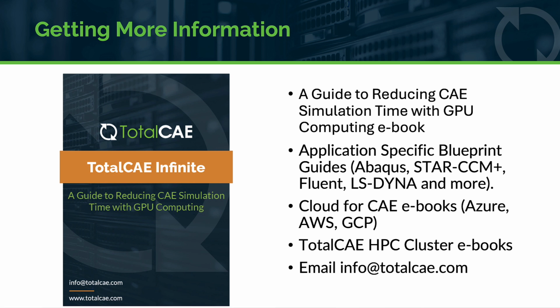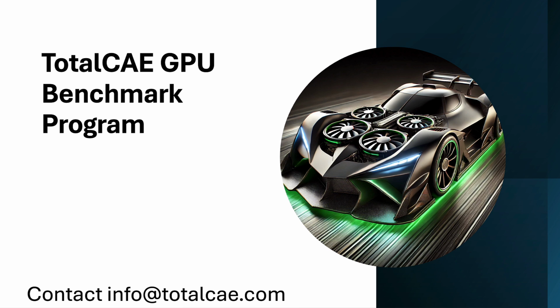Just email us if you're interested in any of this content. We also have a GPU benchmark program. So if you're running extremely large models, on 500 to 1,000 cores, and you want to see whether you can use a GPU system instead, reach out to us about the program requirements, and we can help you see the kind of benefits on your own models that we show here on standard benchmarks.